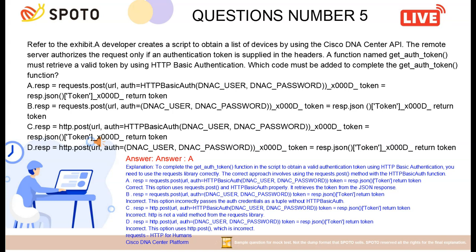Incorrect. http is not a valid method from the requests library. D. resp = http.post(URL, auth=(DNAC_USER, DNAC_PASSWORD)), token = resp.json()['Token'], return token. Incorrect. This option uses http.post, which is incorrect. Requests: HTTP for Humans. Cisco DNA Center Platform.